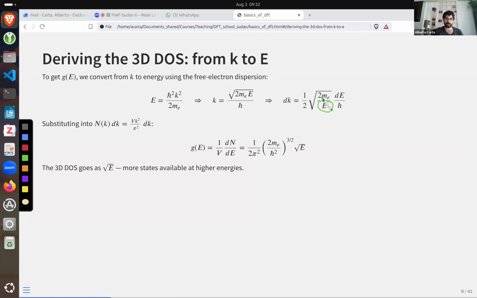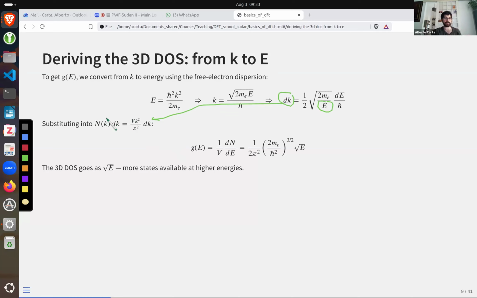What we can do now is substitute this expression for dk in the formula for the number of states that we have. The density of states is going to be the number of states that I can have per unit energy.